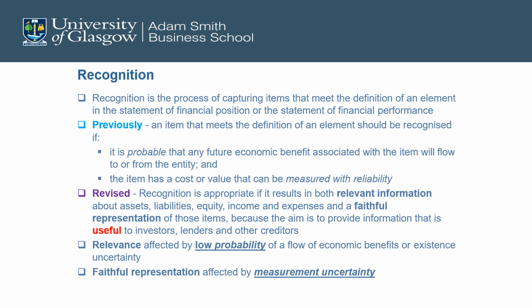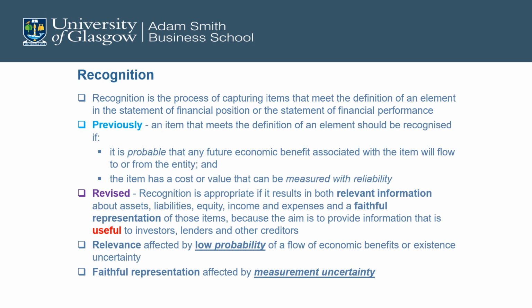The revised recognition criteria mean that recognition is appropriate if it results in both relevant information and a faithful representation of those items. So the revised recognition definition is now connected with the fundamental characteristics of information that we discussed earlier.